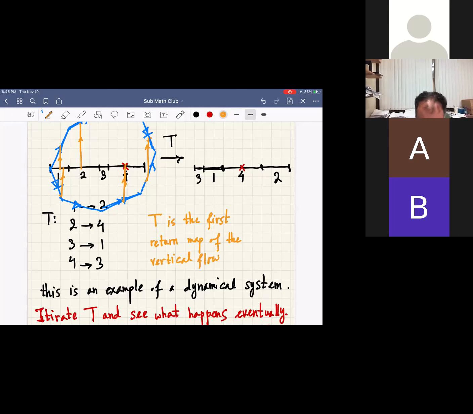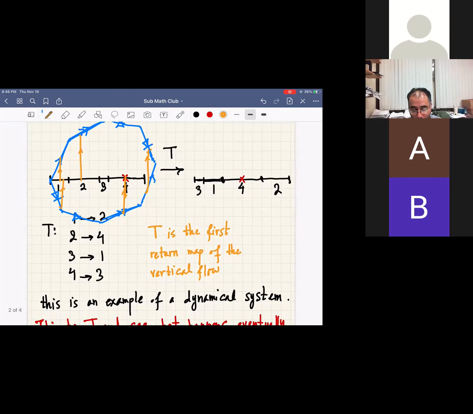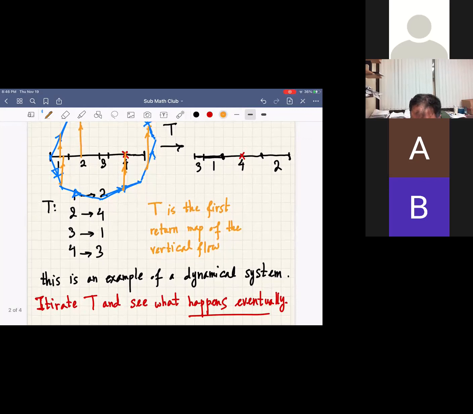By vertical flow, I mean that for any point we just take the vertical direction and follow it until we hit a side of the polygon, and then we see where we are supposed to come back in the polygon based on the way the sides have been identified. Of the vertical flow on the polygon.